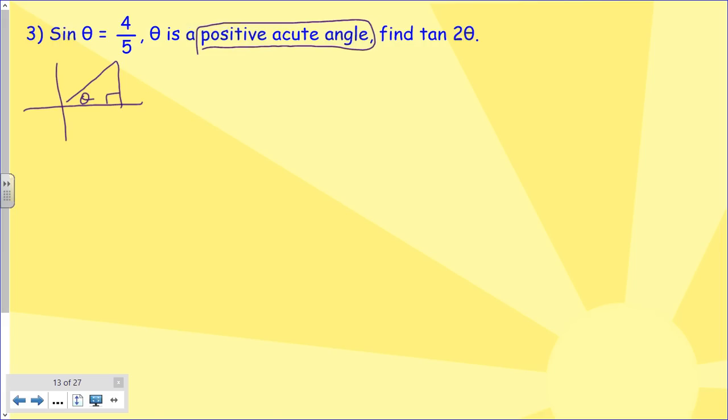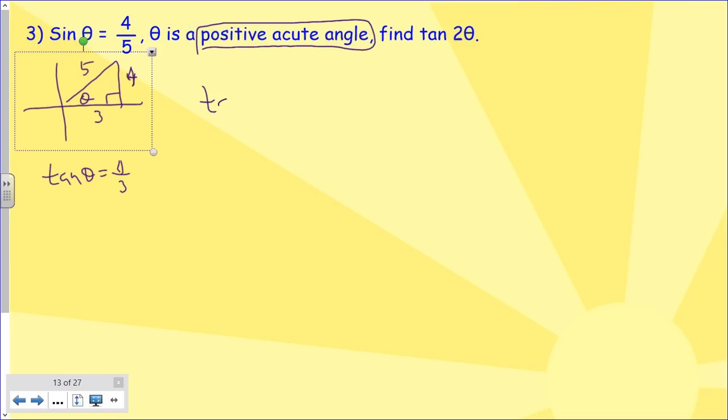This is theta. Sine is opposite over hypotenuse. So that makes this side 3. And then the tangent of theta is opposite over adjacent, so 4/3.